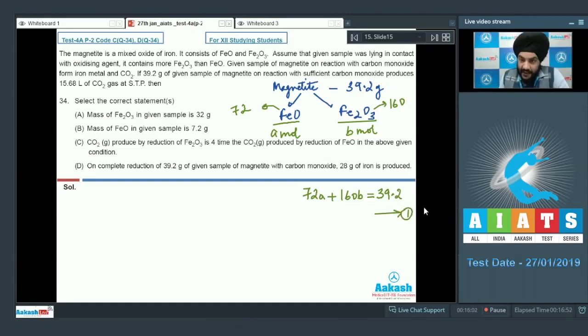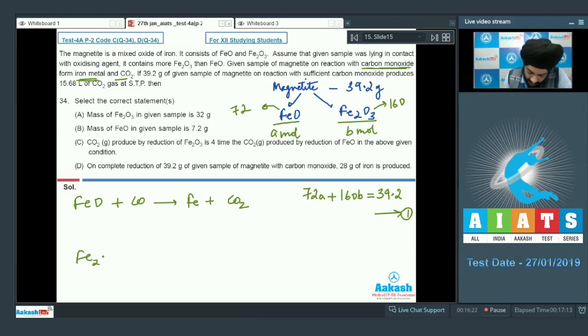We can now have the reduction reaction, in which it is said that the given sample was allowed to react with carbon monoxide, which produces iron metal and CO2. So we can have FeO reacting with CO to give us Fe plus CO2, and we can also have Fe2O3 reacting with CO to give us Fe and CO2 again. So the first reaction is balanced.